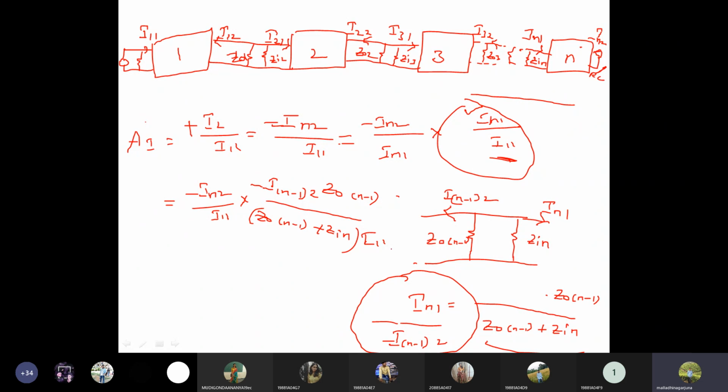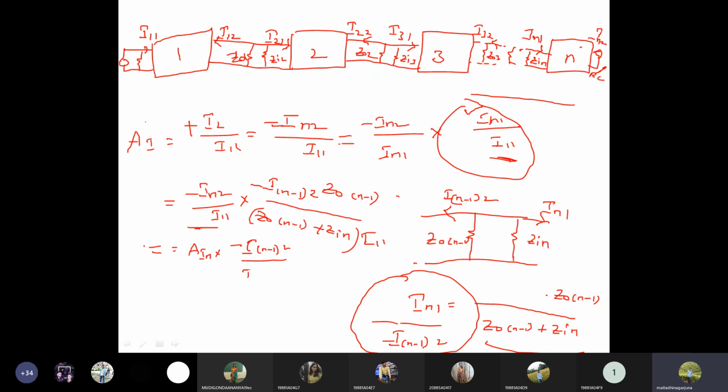Next, if you go for further simplification, in the place of E I can write it as Ain into minus I of n minus 1 2.